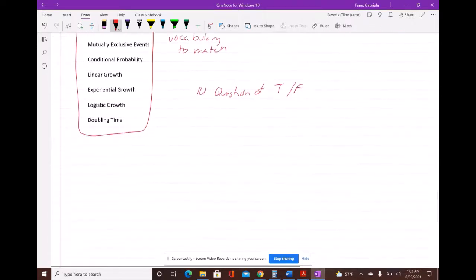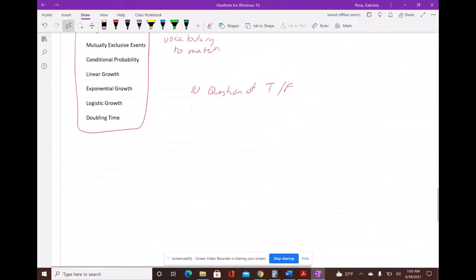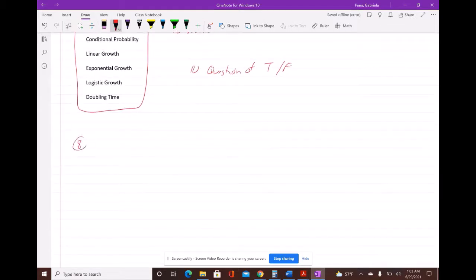All right, the next one is going to be number 8. They're going to give you a growth model, and they're going to give you something like this: P of t equals 12,000 over 1 plus 11e to the negative 0.2 t.